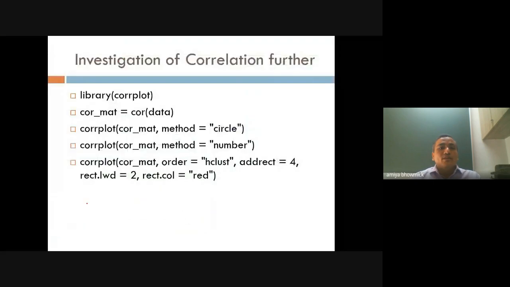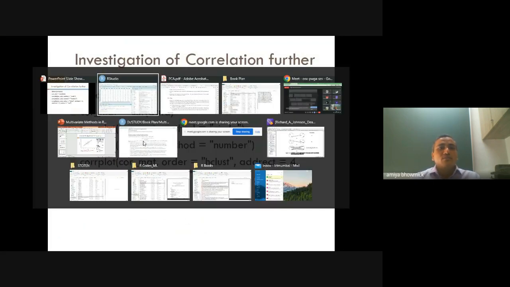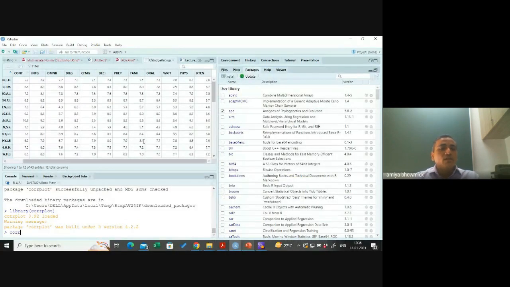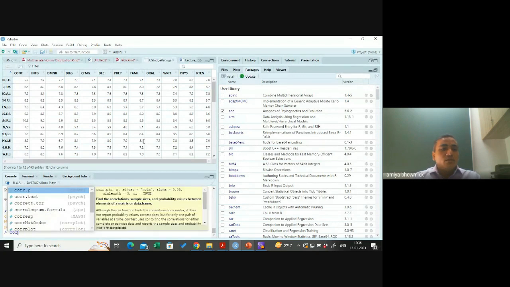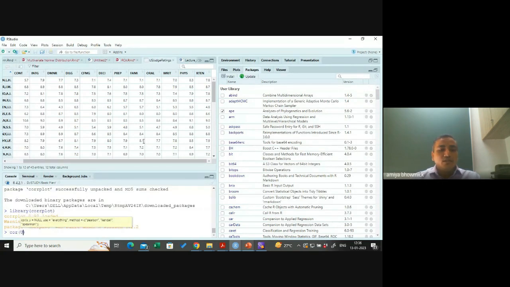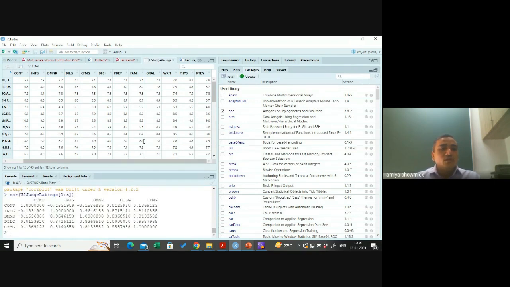So what can the plot options be? With corrplot, you can find the correlation matrix of the data. How do you find the correlation matrix? Say for the US judge ratings, I can take only columns 1:5, and this will give you the corresponding correlation matrix.